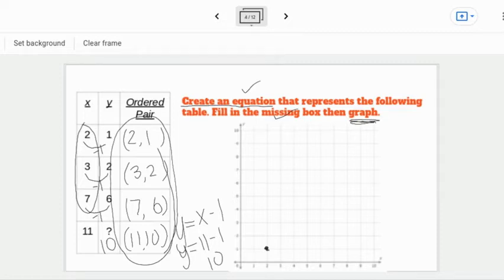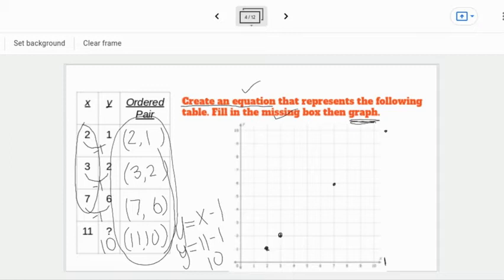Okay, so let's continue. We did 2, 1 already. Our next one is 3, 2. So make sure that matches what you have. Over 7, up 6. And over 11. Now 11's off my chart, but I can guess that 11's about there. And 10 is right there.